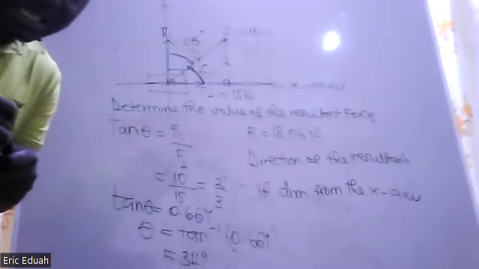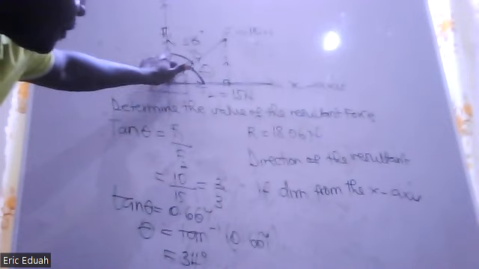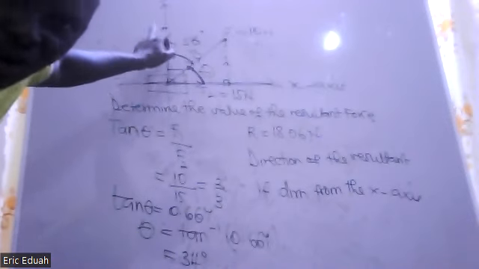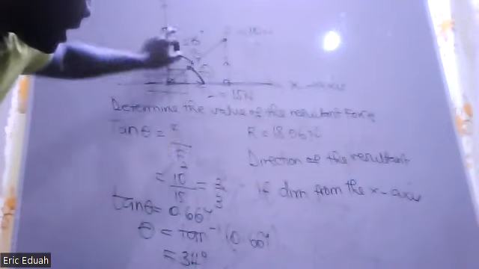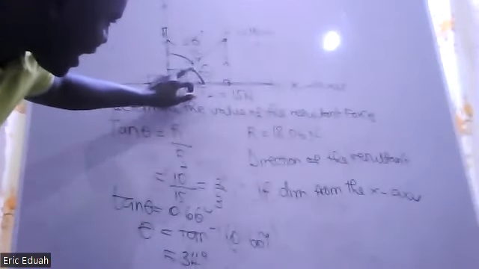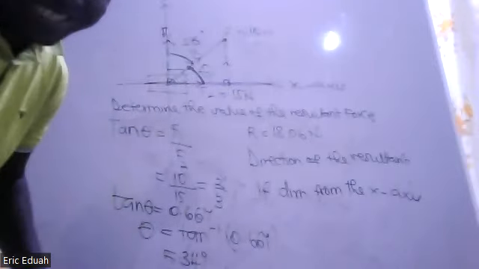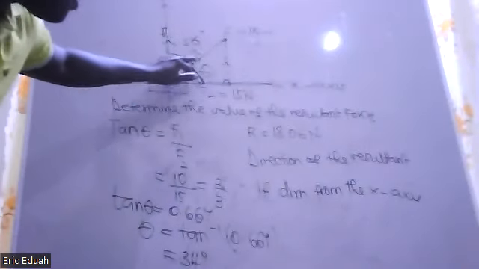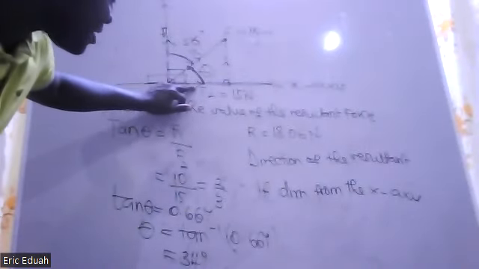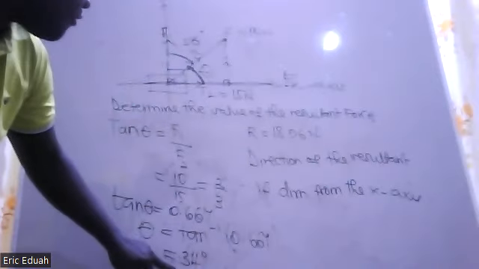So what it means is that if you are looking for the direction of the resultant from the y-axis or from the north, then you have to turn through an angle of 56. If you are looking for the direction of the resultant from the x-axis or from the east, then you have to measure 34 degrees from the east.